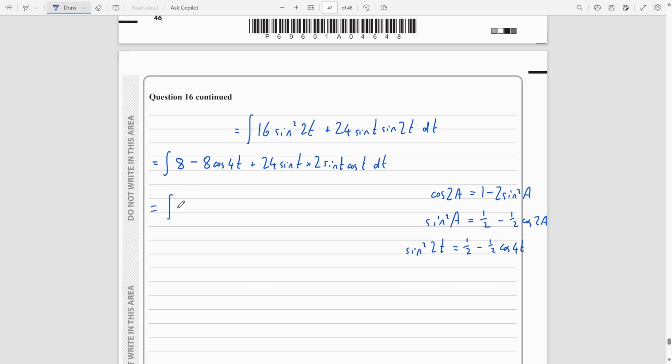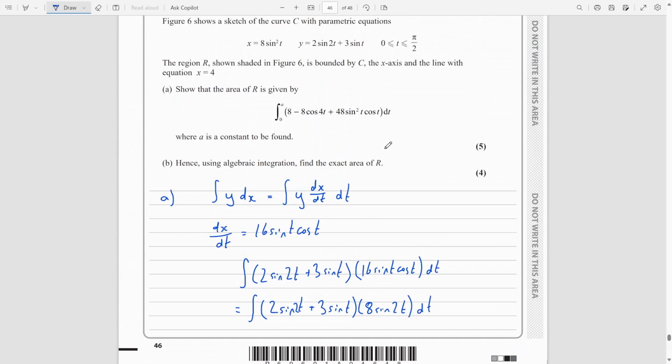And that actually gets us what we need, because it's 8 minus 8 cos 4t plus 48 sine squared t cos t. Almost there, we just have to consider limits.